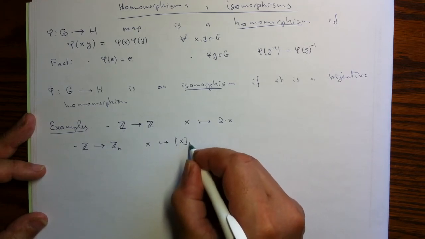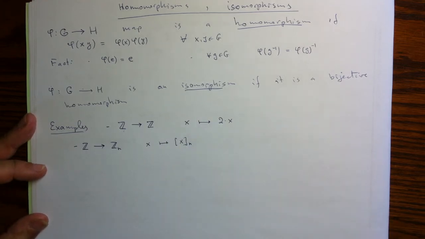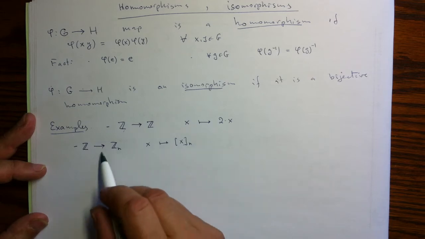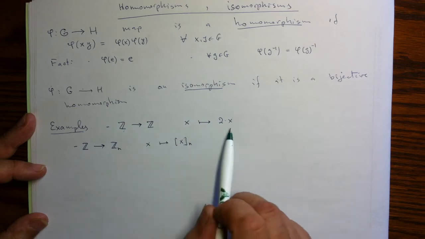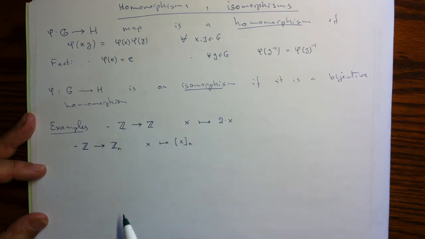So just replacing an integer by its congruence class is a surjective homomorphism. This one was not surjective, not every number is even, but it was injective. So plenty of homomorphisms.